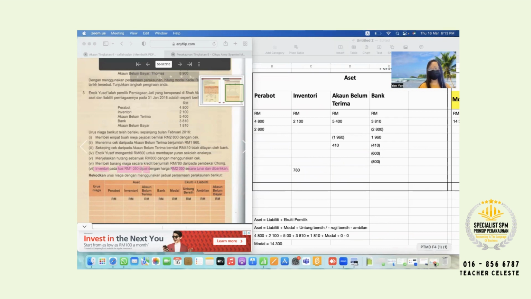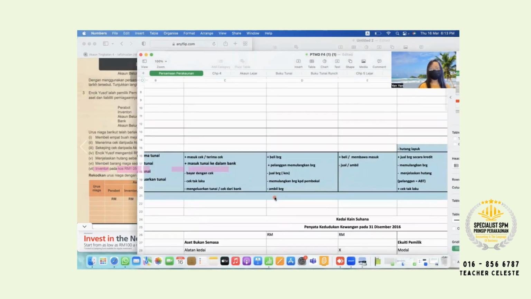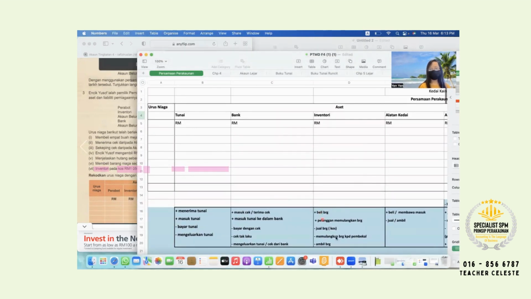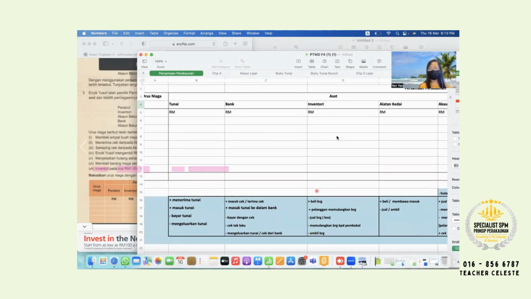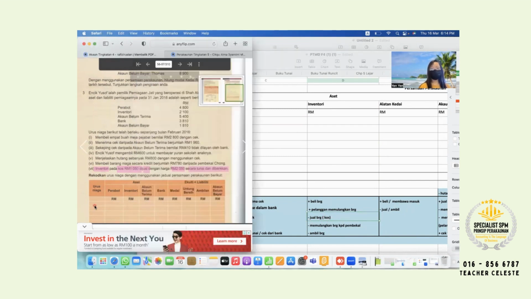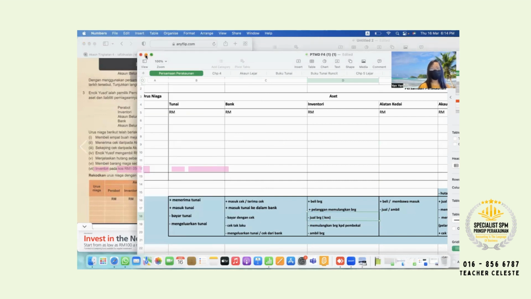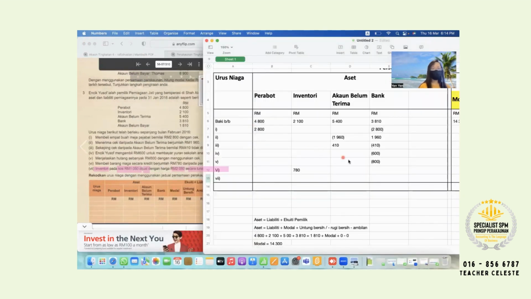So you see this column inventory. Dijual, jual barang, cost in bracket, you see, mentioned already. So minus 1050. So here you minus 1050.